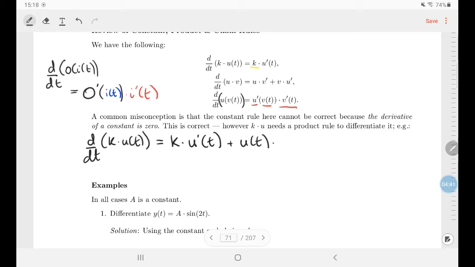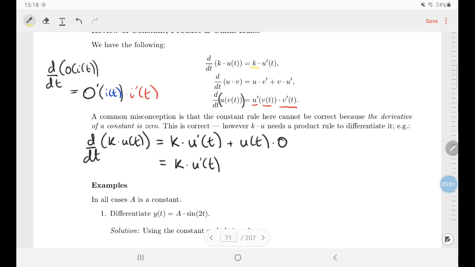And indeed, the derivative of k is 0, so you're left with the constant times the derivative, and the second term is just 0. So there's no contradiction between saying that you fix the constant and differentiate, and saying that the derivative of a constant is 0.